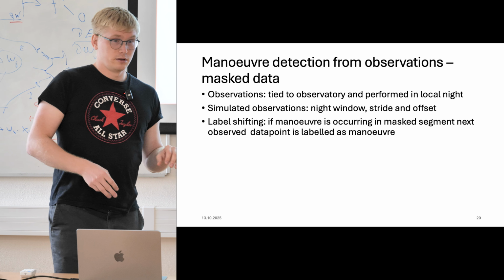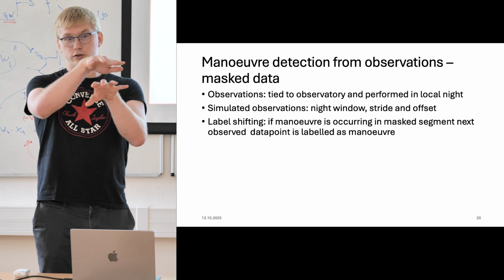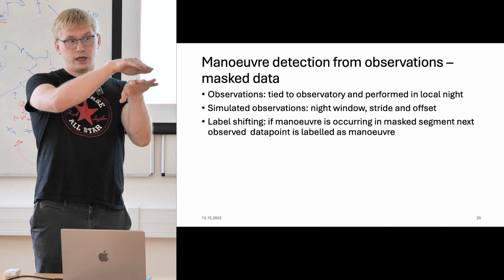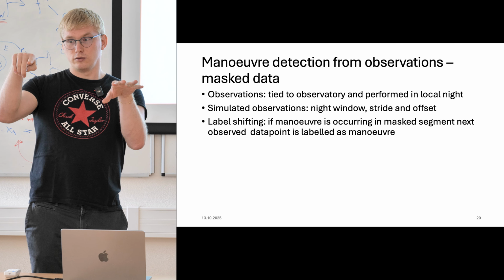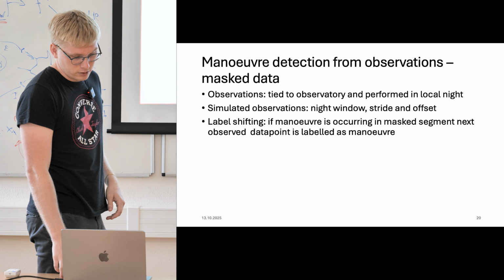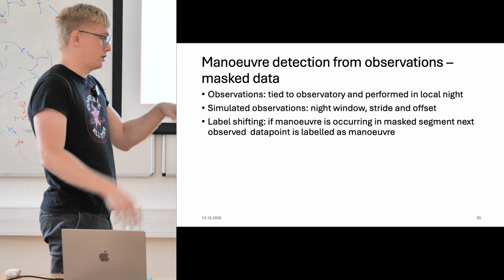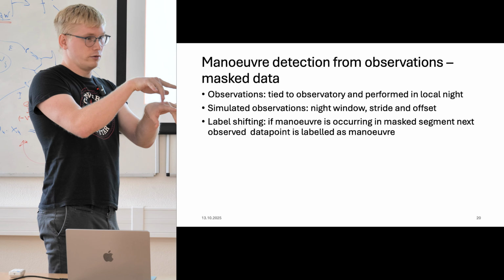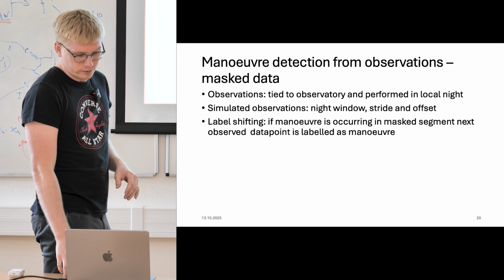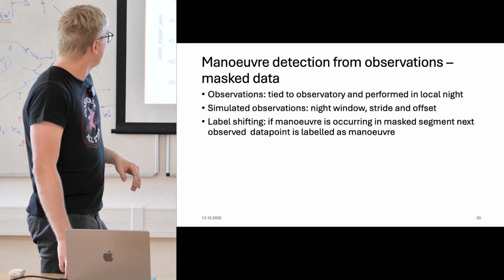Also, because the label of the original maneuver can be in a masked segment, for example, the local day, we are shifting the label of the maneuver to the next observation, because it would not be okay to predict a maneuver anywhere in the masked segment. So we are shifting maneuvers to simplify.